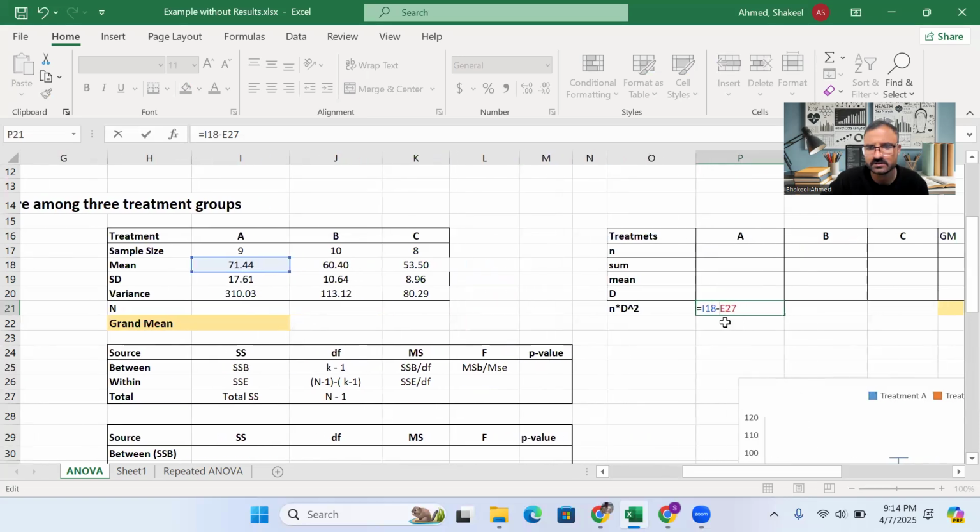So you can just use E27 and fix it. And you can square it and just multiply by this number.